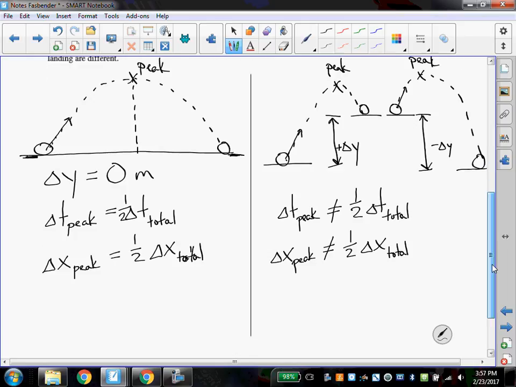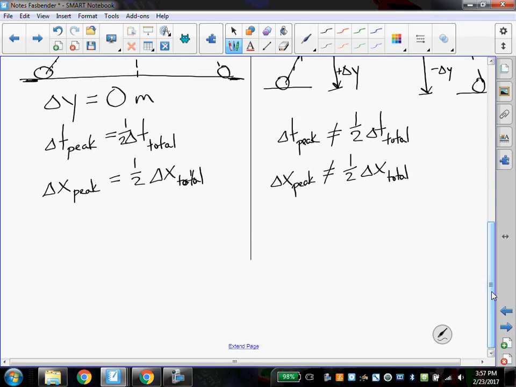Now, I can tell you right now, this is a big problem-solving hint for angled projectiles where the launch height and land height are different. If you have an angled projectile and the launch height and land height are different, you must solve a quadratic equation.